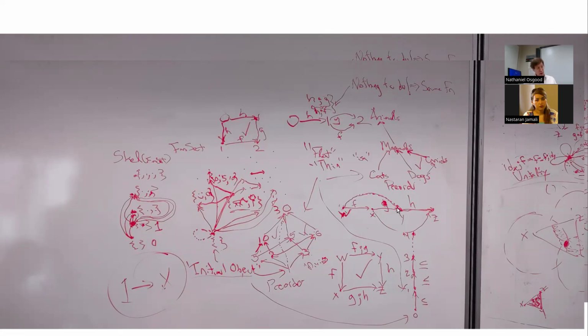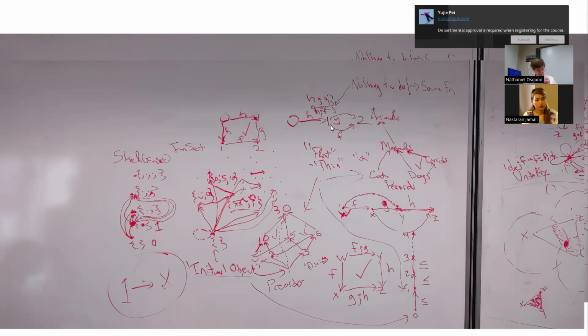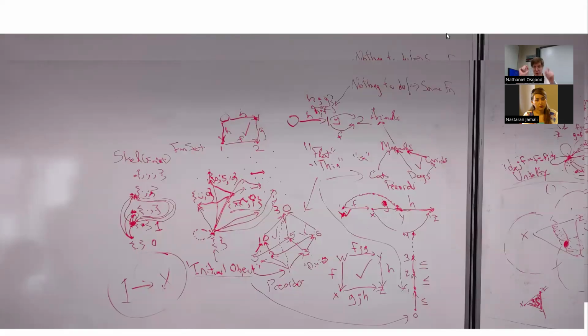And then there's the axiom of unitality, which says that for each object, there's an identity morphism for that object, which does nothing, where the exact meaning of does nothing will differ a little bit by category, but they all have this flavor of doing nothing.